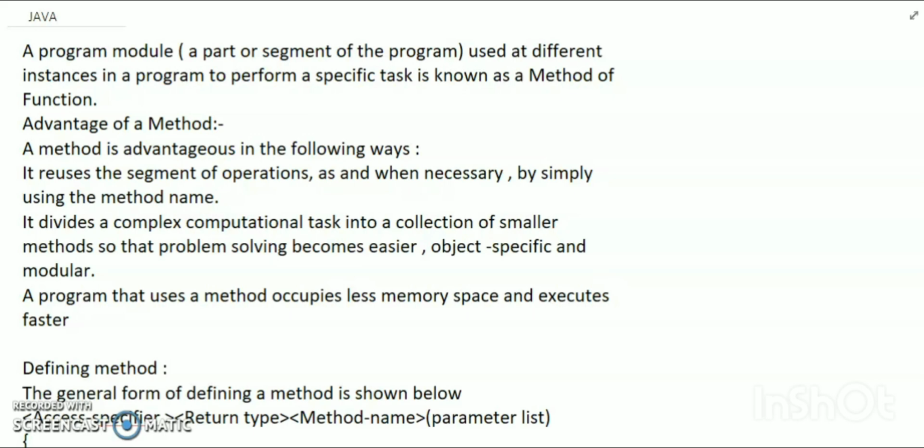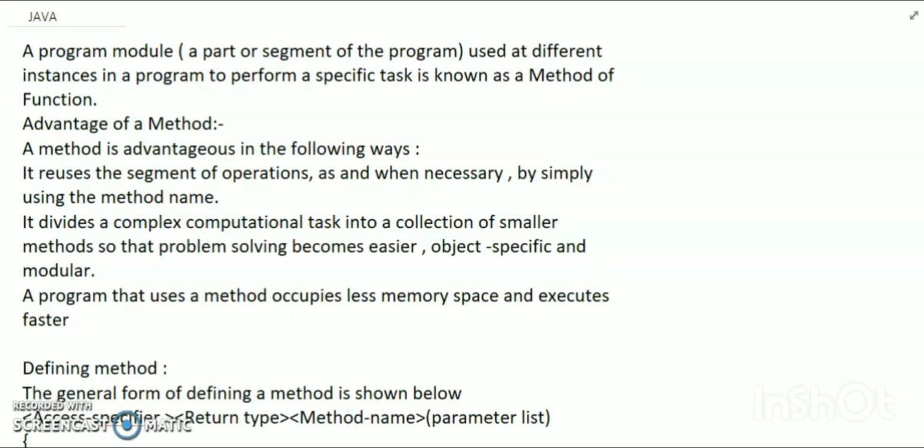So we use a module, a method or function. For this, what is a function? A program module used at different instances in a program to perform a specific task is known as a method or a function.